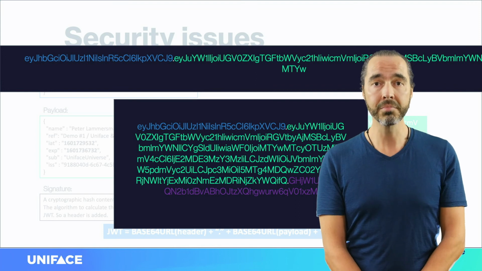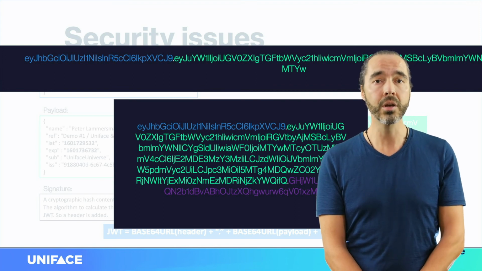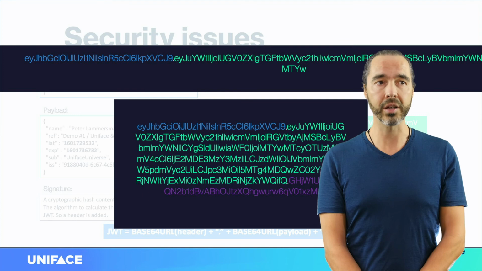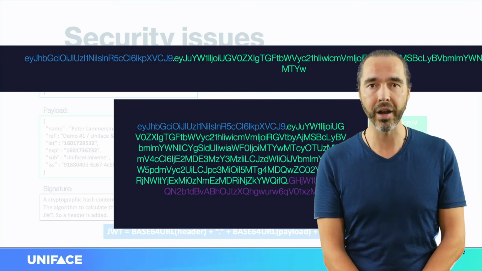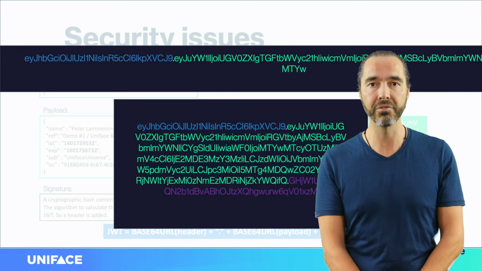And you can modify it. You can modify it whatever you want, but then the signature is not correct, and so the receiver will see that it is modified. So a modified signature, or the modified token, is not valid. Easy.